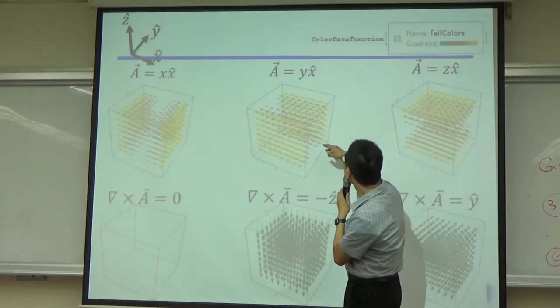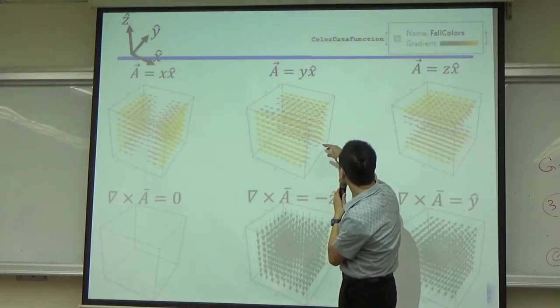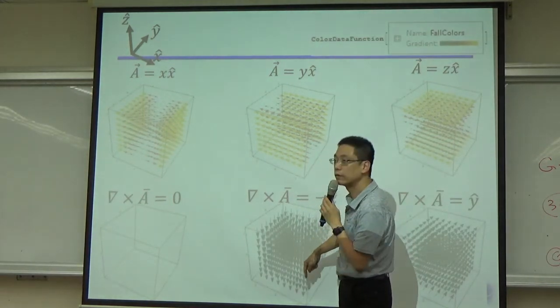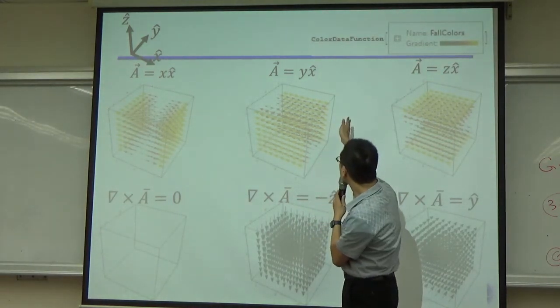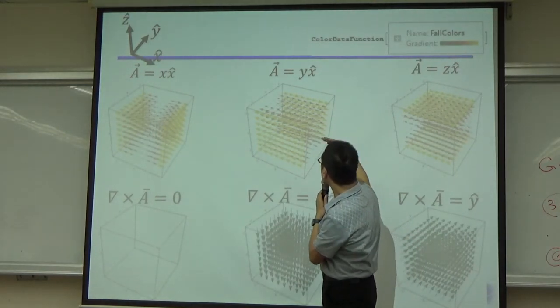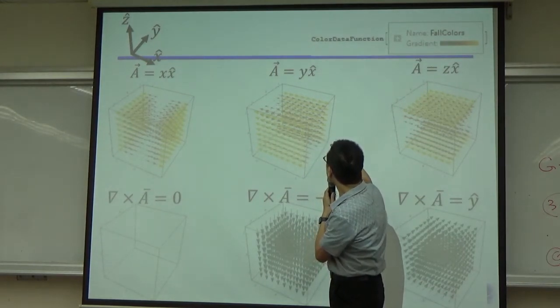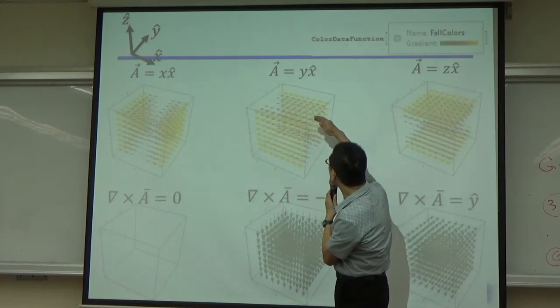Here you can see the direction goes down, because the vector points in x and is changing with respect to y.